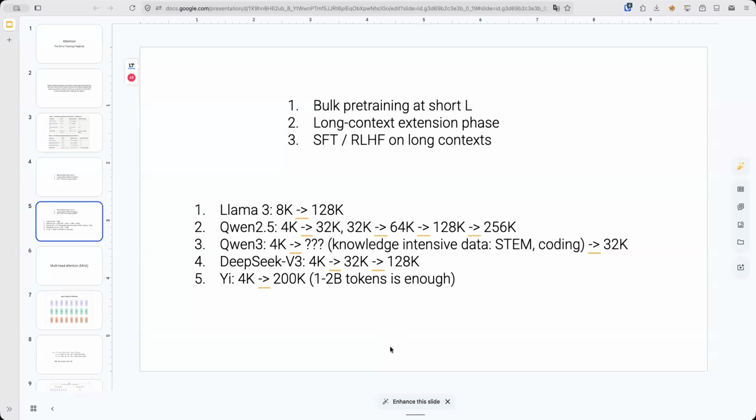But the interesting finding from the summary of this report is that only 1-2 billion tokens were enough for them to achieve a plateau in the loss once they extended the context length from 4K to 200K.